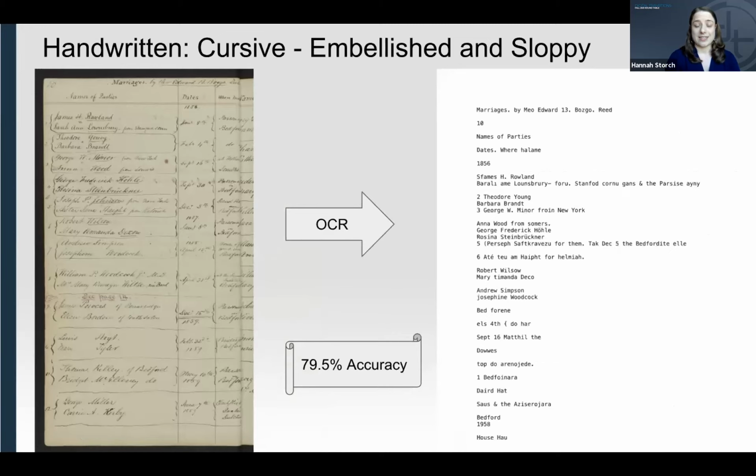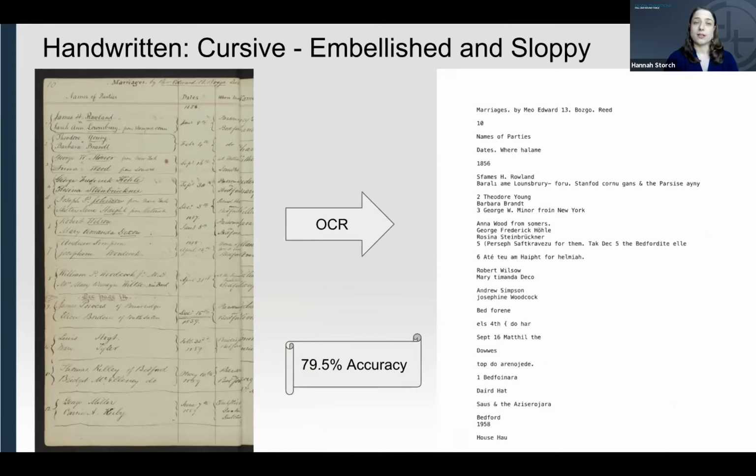Finally, we have our last example, the embellished handwritten cursive in the form of these logbooks. So unfortunately, as you can see with your eyes, the text is getting a little less clear, and you are also dealing with paper that shows a few more signs of wear and tear that can also impact legibility. And because the accuracy overall is lower than the other samples, it's a little harder to see this document in TXT form, as you see on the right.